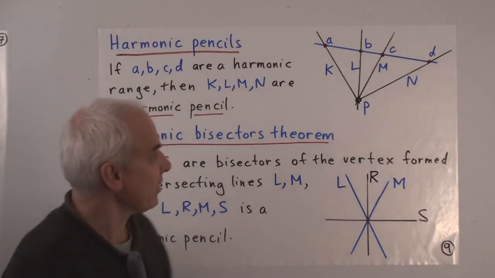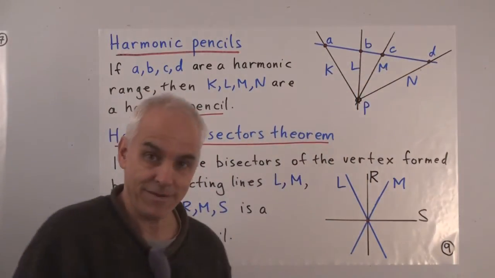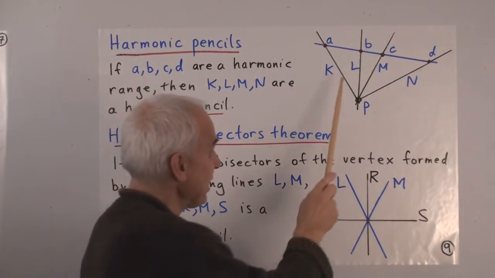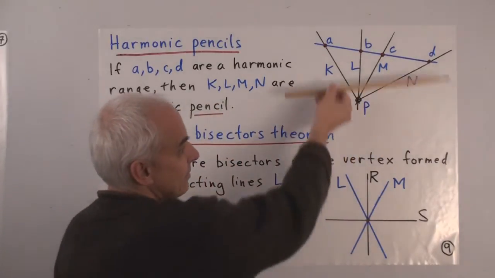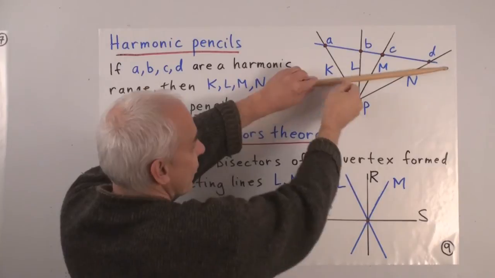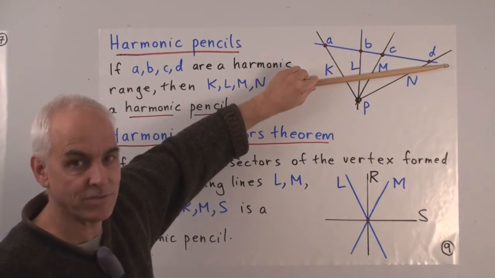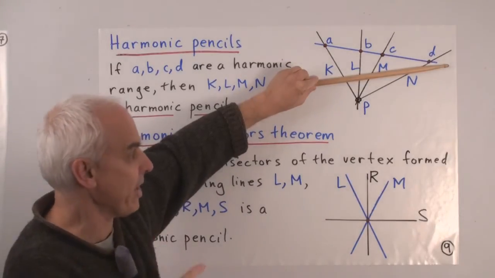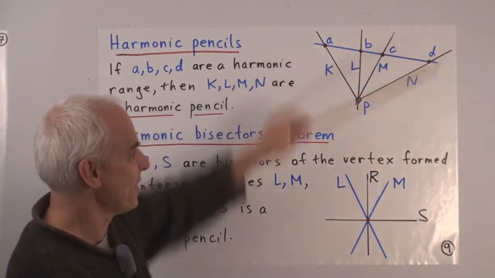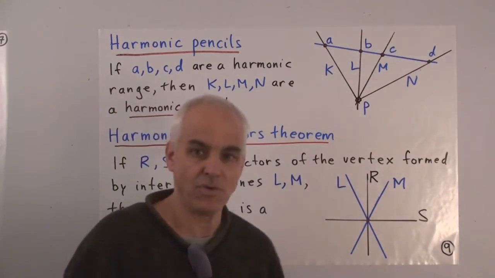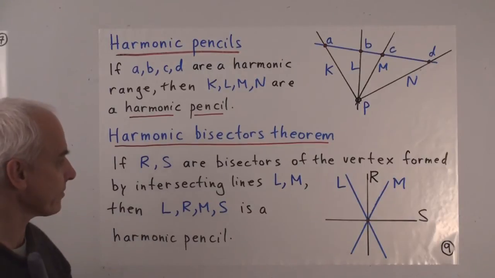And what we've just seen is that if you have a harmonic pencil, then if you take any other line and see where that other line meets the harmonic pencil, say that point, that point, that point, that point, that's got to be a harmonic range. That's exactly what the harmonic range theorem that we just mentioned states. So a harmonic pencil gives you automatically lots of harmonic ranges.